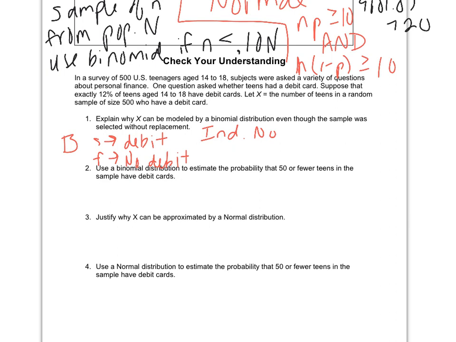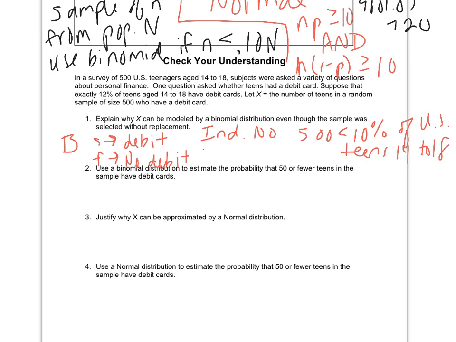However, I can use my 10% rule. So 500 is definitely less than 10% of the population of U.S. teenagers aged 14 to 18. So 500 is less than 10% of U.S. teens 14 to 18, so that works there.